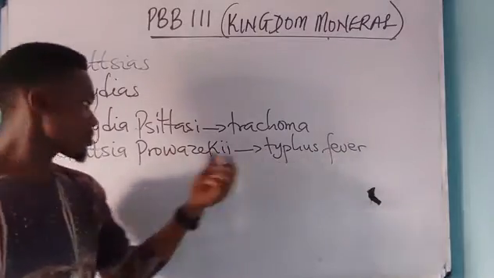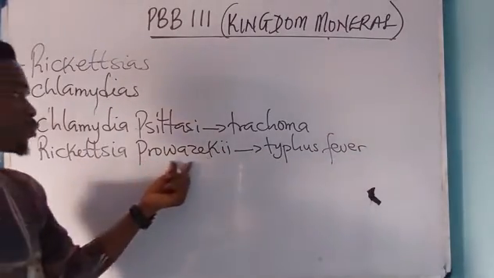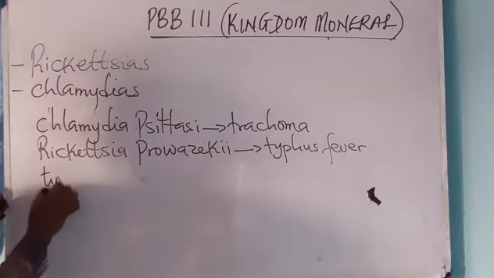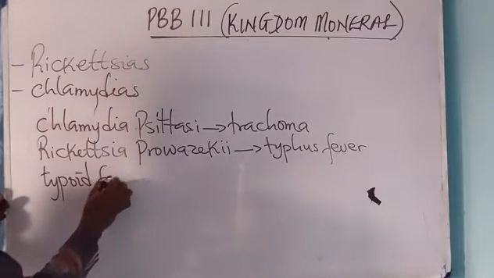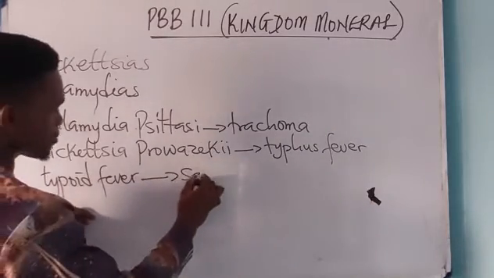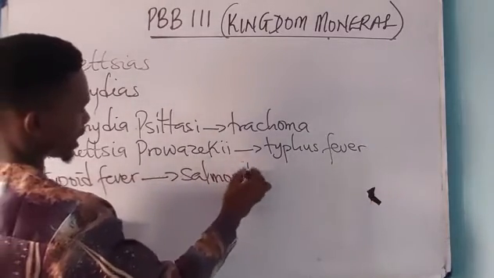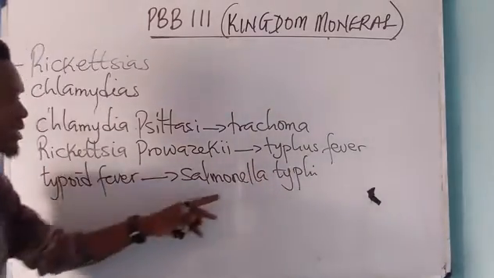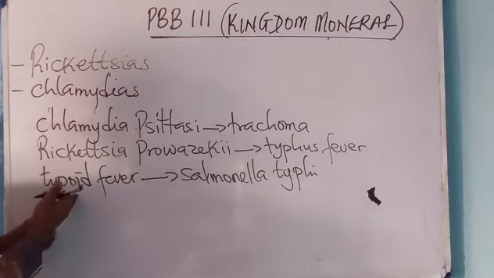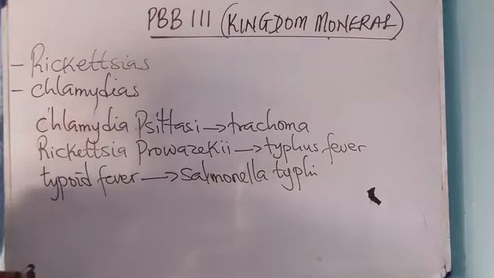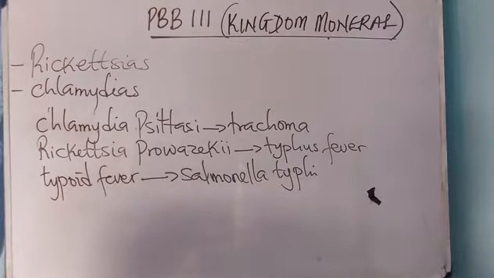Typhus fever is caused by Rickettsia prowazekii. Now, typhoid fever is caused by a bacterium called what? Salmonella typhi. Salmonella typhi causes what? Typhoid what? Fever. It causes typhoid fever. Take note of that.